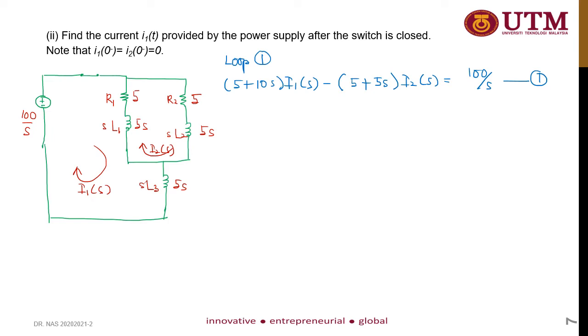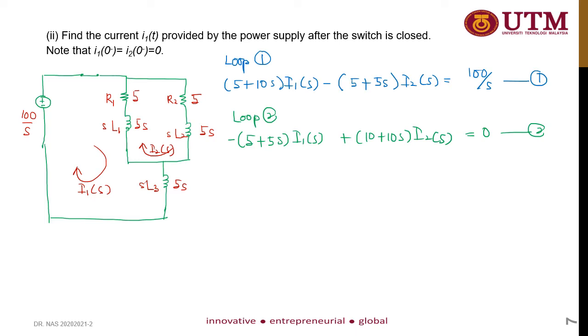So next look at the right hand side, so loop 2. So you have a negative 5 plus 5s I1(s) plus 10 plus 10s I2(s) equal to 0. So this is equation 2.